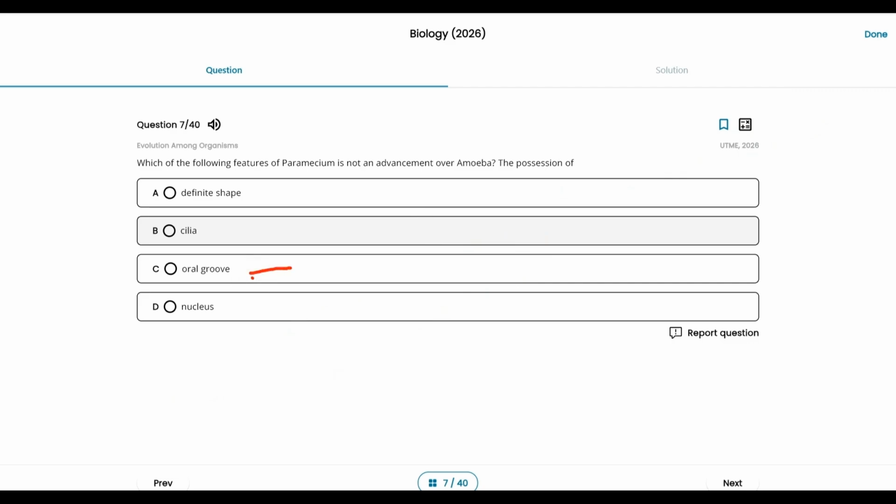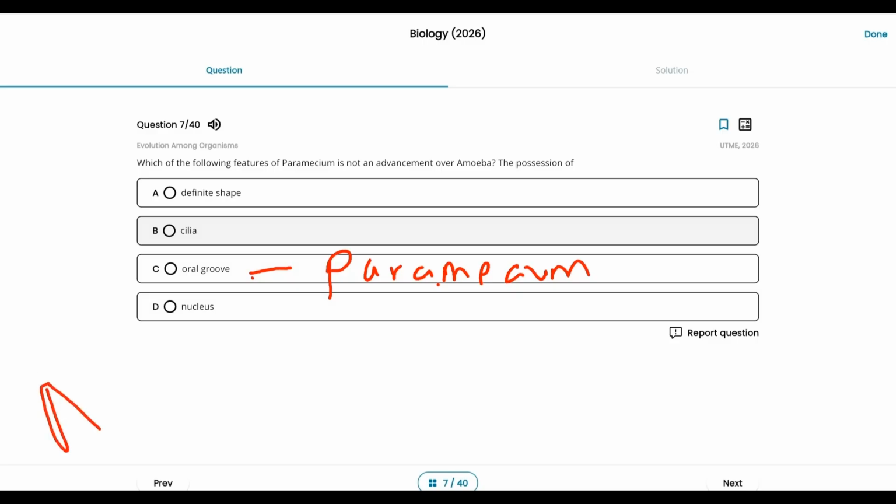Oral groove. Let's look at oral groove. Paramecium has an oral groove to direct food into the cell. Paramecium has this oral groove, and uses it to direct food into the cell, while amoeba engulfs food using pseudopodia.